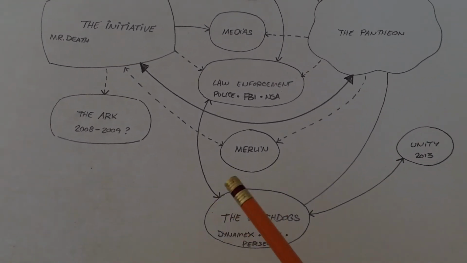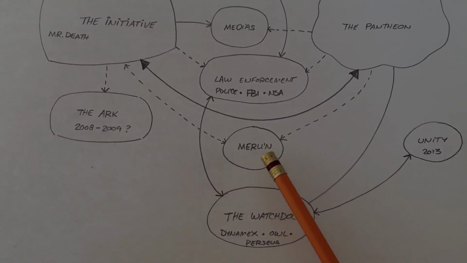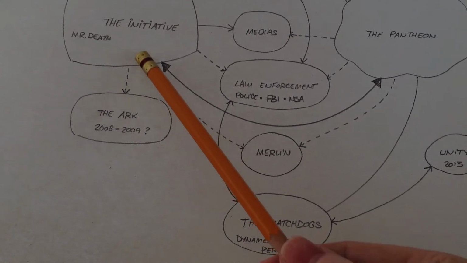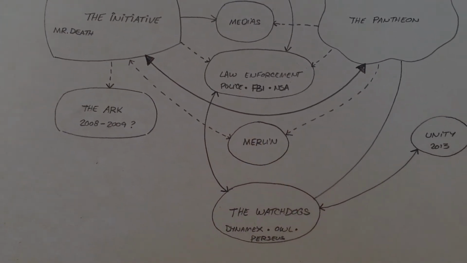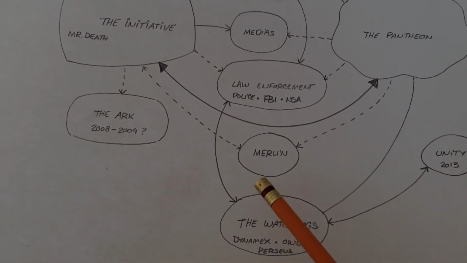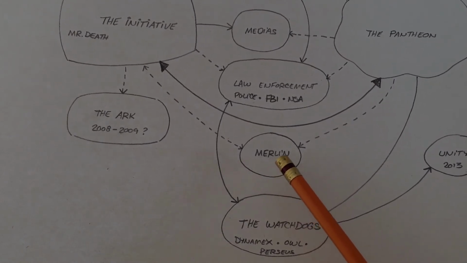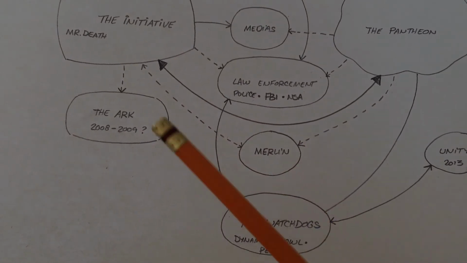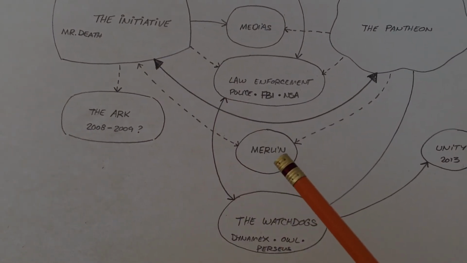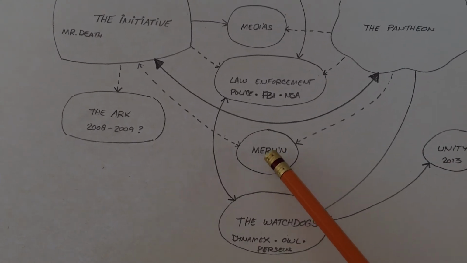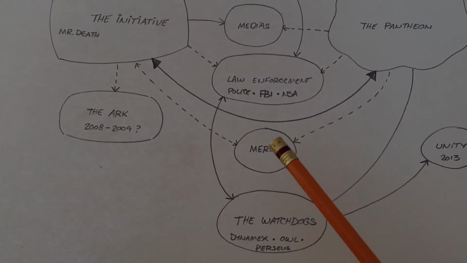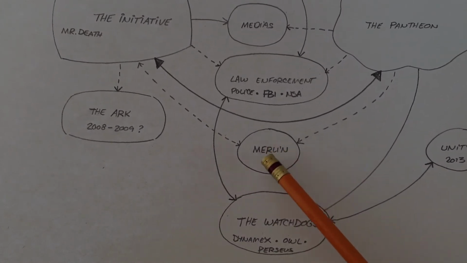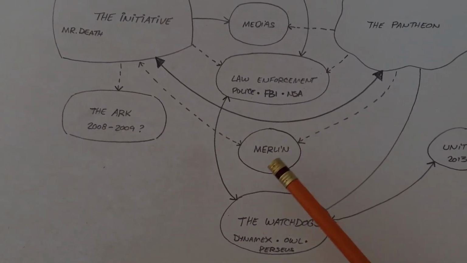And since their mission is about exposing the truth, there is probably a conflict going on between the Initiative and the Merlin. But this organization is so small and so fragile. If they push the truth too far, the Initiative will have to act, and maybe they will act in a way that Merlin will never anticipate. Maybe they're already under the influence of the Initiative, but their core mission is to expose the truth.